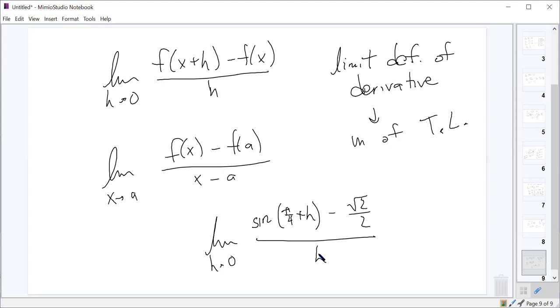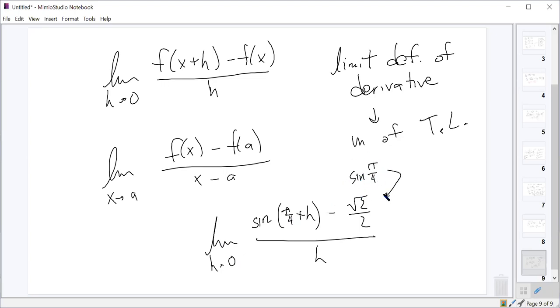And so what they're expecting you to do here is look at this and say, all right, well, this is the limit as h approaches 0 of f of some x value plus h minus f of sine of that same x value, right?